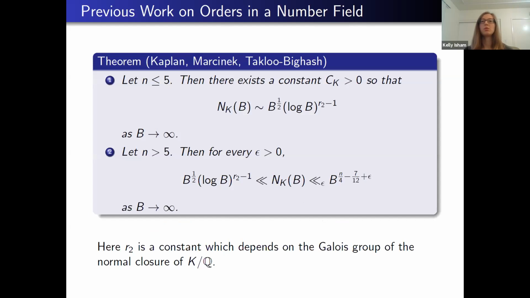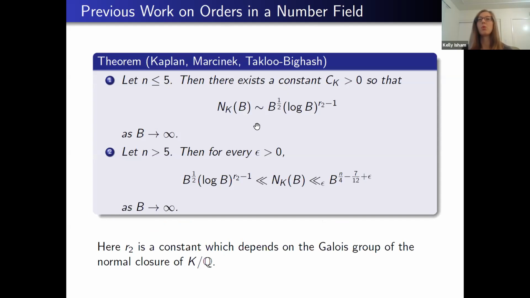So the initial result in the same paper by Kaplan, Marcinek, and Takloo-Bighash gives an asymptotic when n is less than or equal to 5, and then upper and lower bounds when n is greater than 5. Before, for the growth of subrings, we had b to the first power.